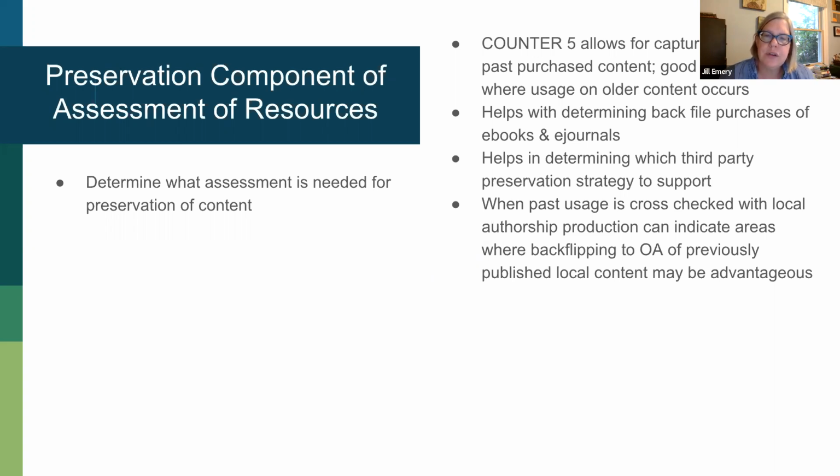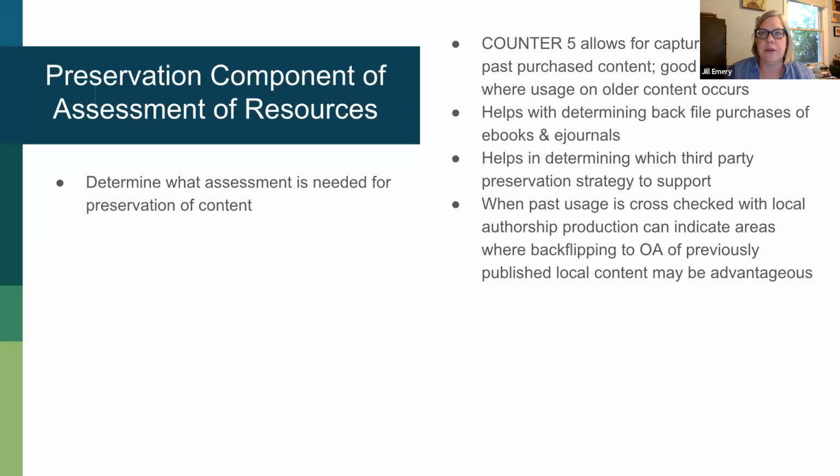And when past usage is cross-checked with authorship production, it can indicate where backflipping of OA content might be helpful. By backflipping, what we mean is using the negotiation strategy of negotiating a contract with the journal provider where maybe you don't have current APC breaks or cost funding given to your institution, but what you do get is articles that your patrons or faculty authored being made open access after a certain time frame.